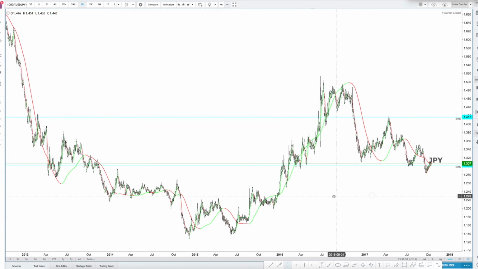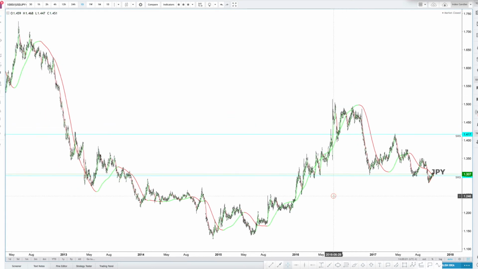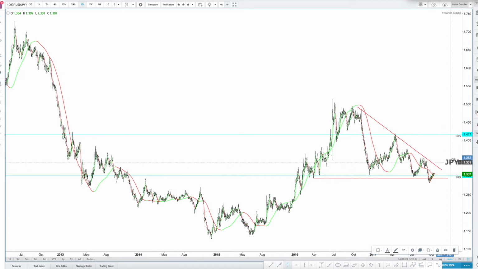If we zoom out to see the big picture, you can make an argument that this is some kind of wedge, like a triangle. We have this big up move, big trend, and it's a long, prolonged pullback. It kind of looks like this on the big picture.